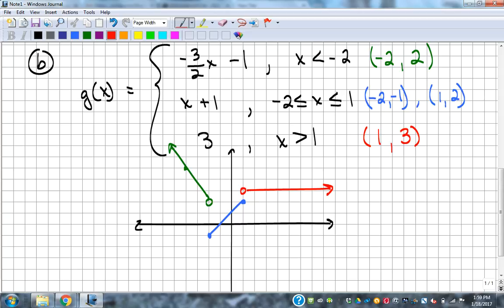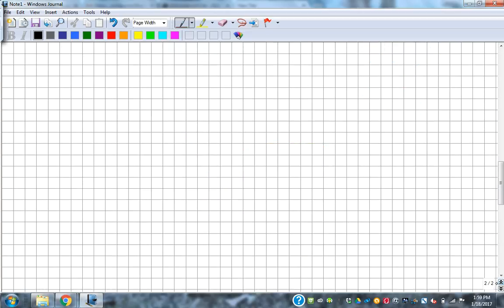Okay. Questions about this one? All right. Let's look at maybe not graphing one, but actually doing some function work with it, some function value work. So find the function value.